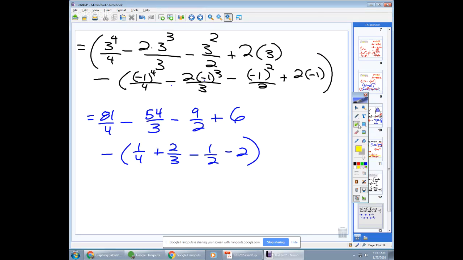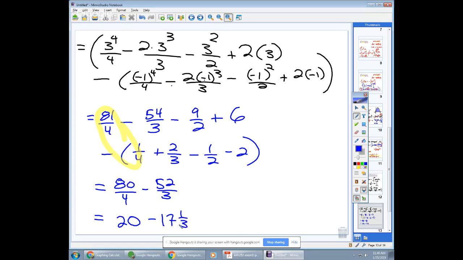All right, let's see. 81/4 minus 1/4, that's a nice common denominator, would be 80/4, which is 20. Then negative 54/3 plus 2/3 is negative 52/3. That doesn't clean up very nicely, does it?